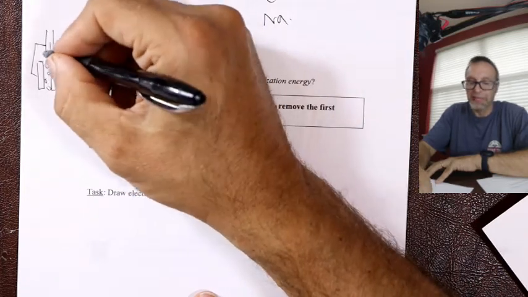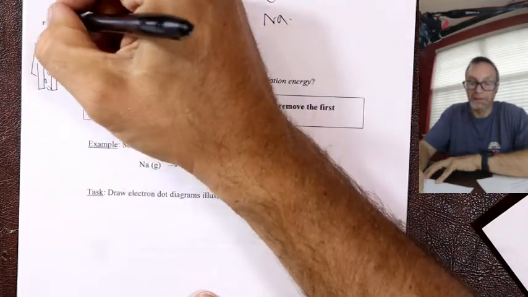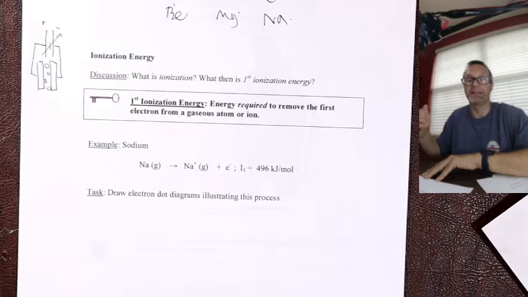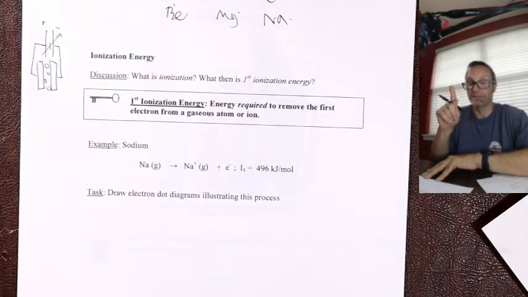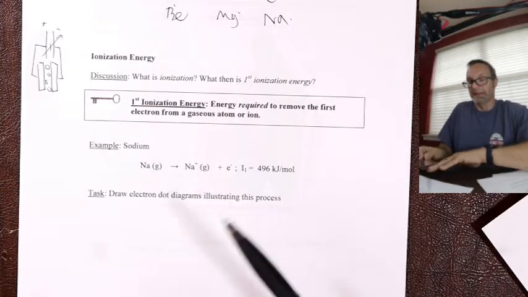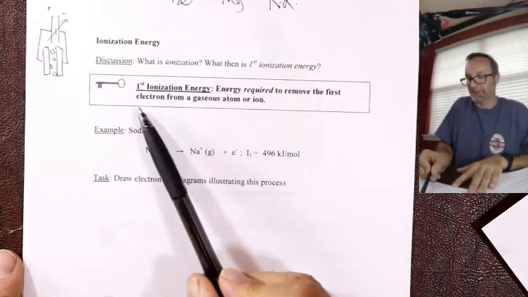If I just kept turning that voltage up, the plus side will eventually rip electrons off those atoms. The energy needed to remove one electron from each atom is called the first ionization energy, and it's measured in kilojoules per mole. So how many kilojoules do I need to remove a mole of electrons from a mole of atoms? And they have to be in the gas phase.